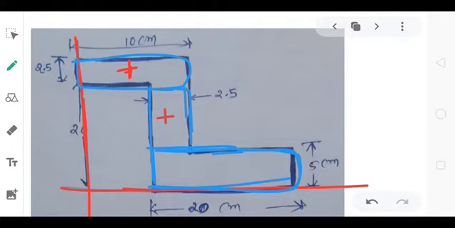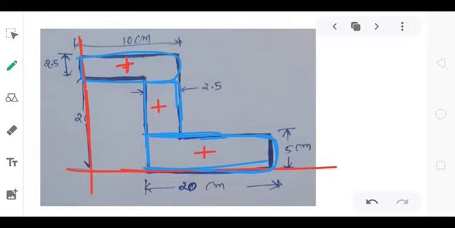Second will be somewhere over here and third will be somewhere over here. Now we'll find out y1, y2 and y3. They are the height or the distance from this baseline.